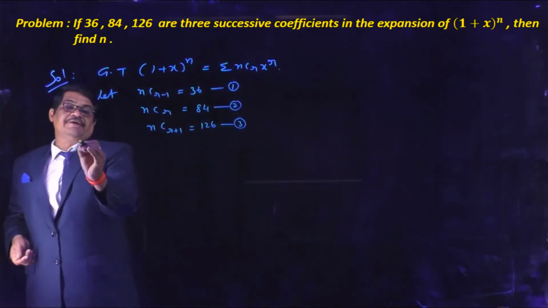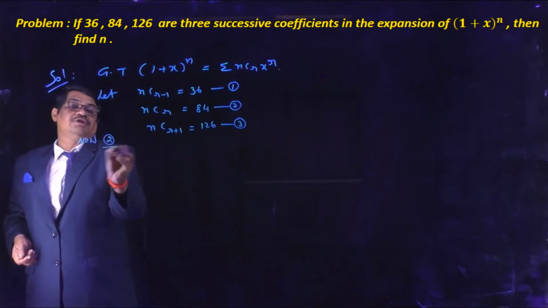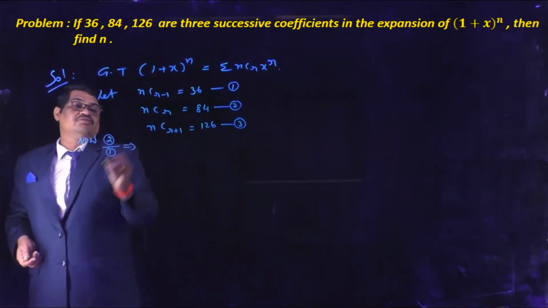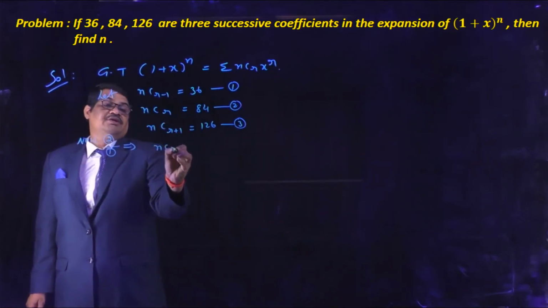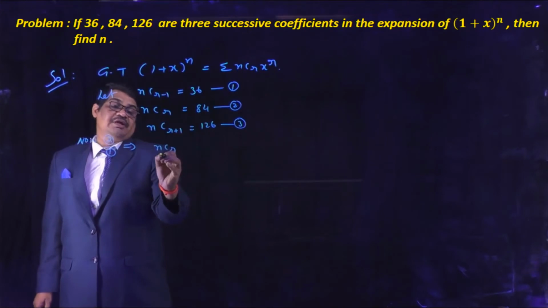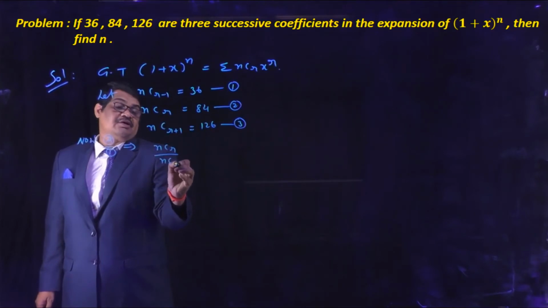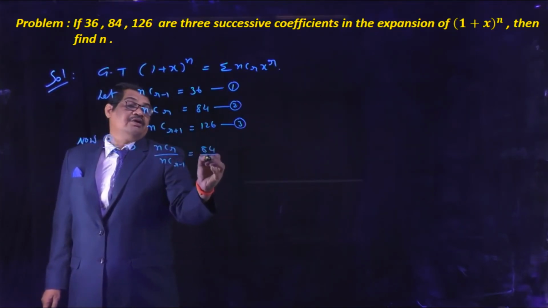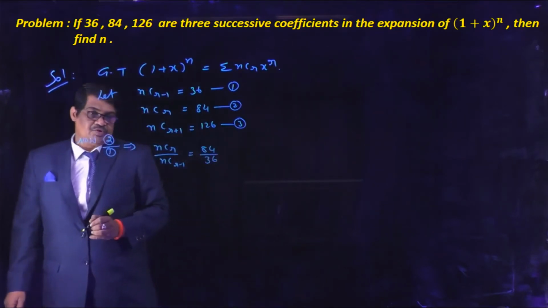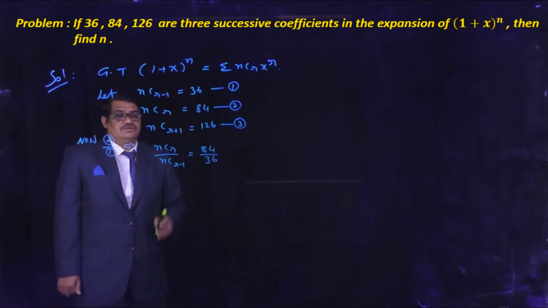Now we are writing equation 2 by equation 1. What is equation 1? Equation 2 LHS is nCr, equation 1 LHS is nC(r minus 1), that is equal to 84 by 36.